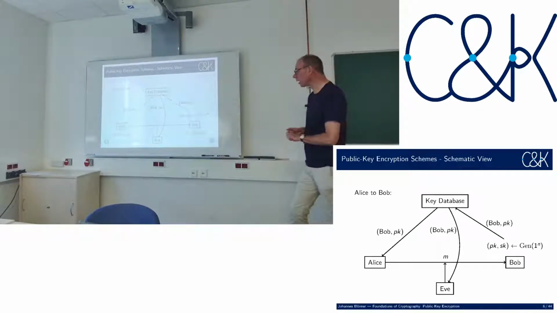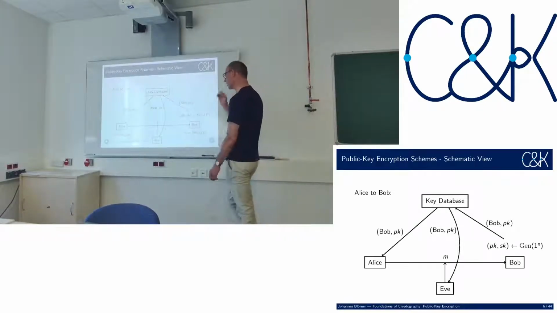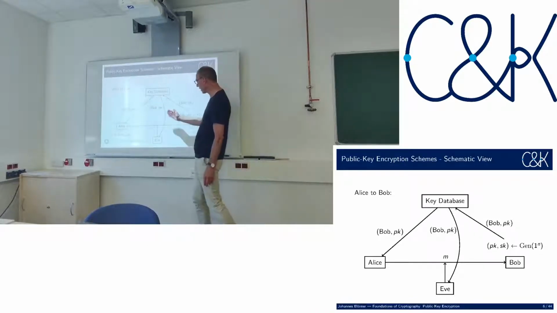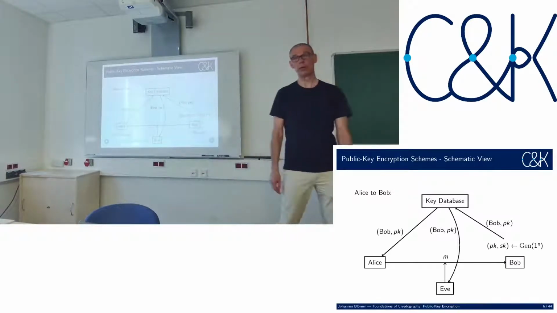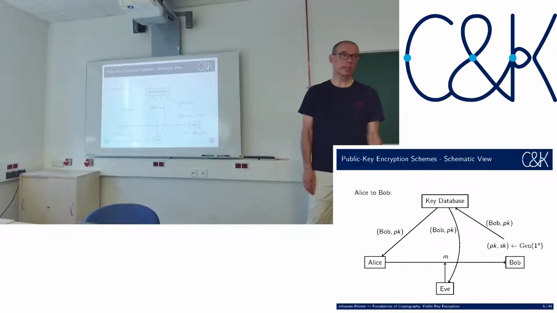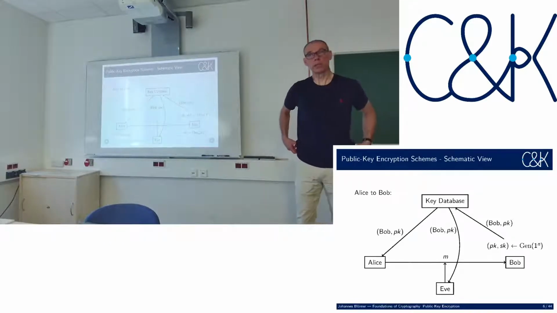But what's the same as in the digital signature case is that, since the adversary gets the public key of Bob, all security definitions must include that we cannot efficiently compute the secret key from the public key.